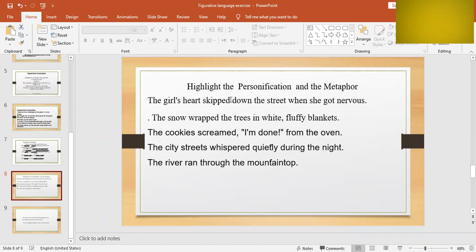So the snow wrapped the trees in white. If the whole tree was covered in the snow, it looks white. It's no longer green. It is as if you are putting a blanket on it. I can imagine the situation and how beautiful the situation is.